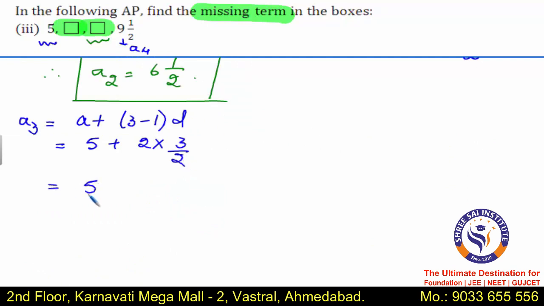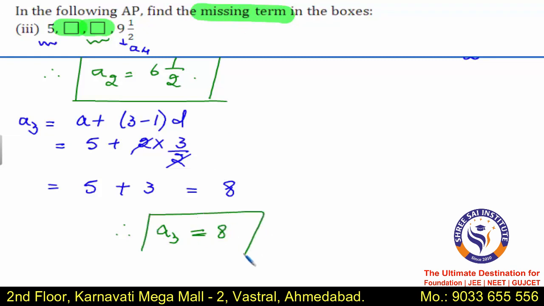So this is equal to 5 plus, cancelling the common factor from the numerator and denominator, we have 5 plus 3, and this is equal to 8. Therefore, the third term, which is the missing term of the given AP, is 8. Hence, the second term is 6 then 1 upon 2, and the third term is 8. This completes the solution.